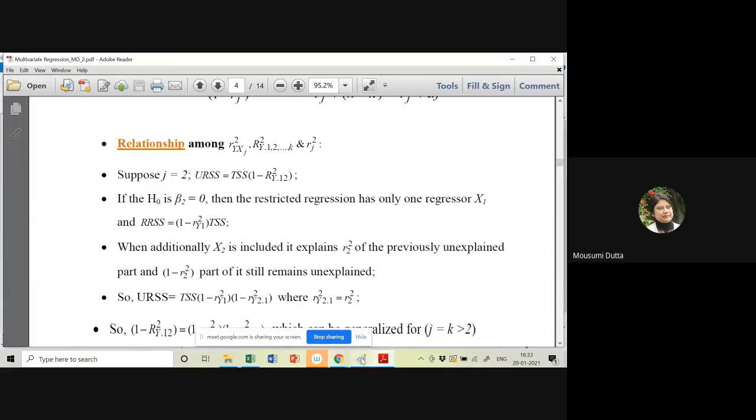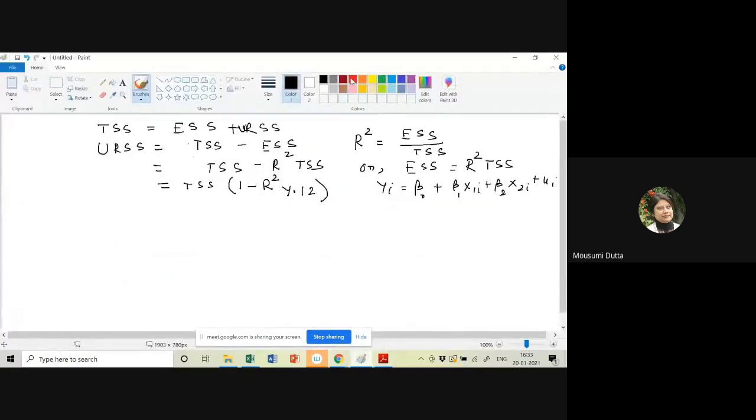Let me put this on the board again. Next, I'm considering a null hypothesis. So the new regression model is given by this. It's a two variable regression model, a simple model.